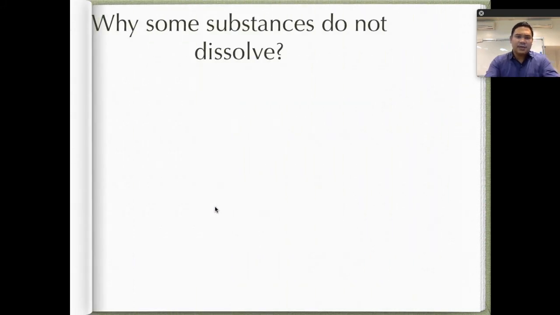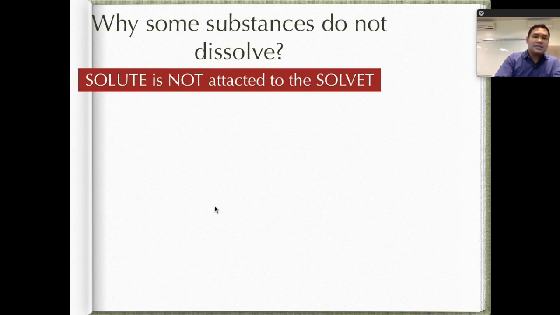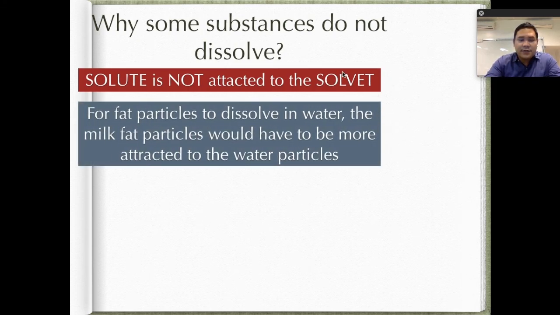So why do some substances not dissolve? Basically, the solute is not attracted to the solvent. Forgive me for the spelling, but this one is solvent. Let's say, for example, we have milk fat particles and we try to dissolve them in water. Will it dissolve or not?